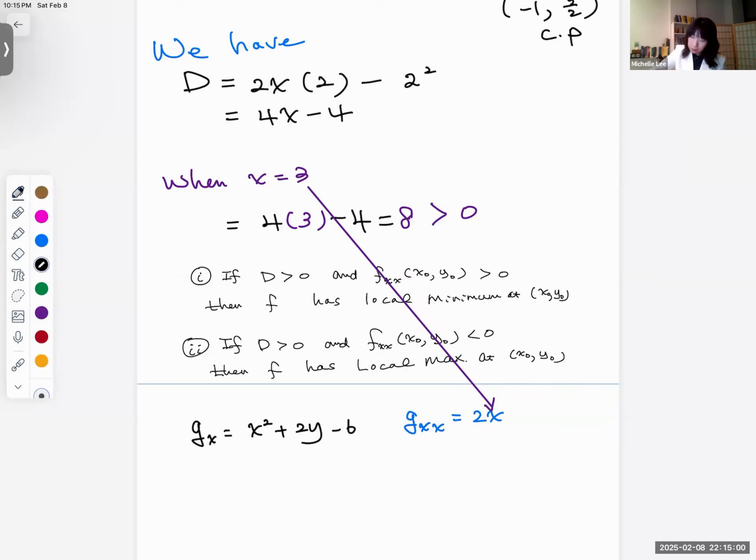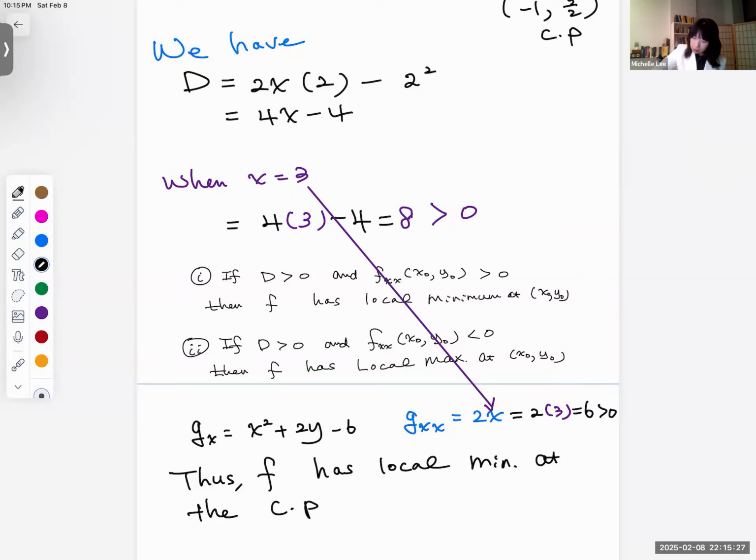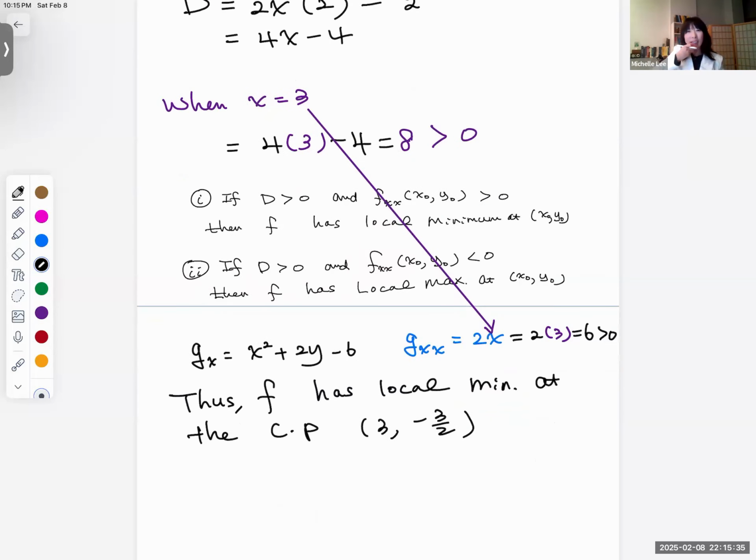So we have 2 times 3 equal to 6, which is greater than 0, then local minimum there, right? So we have a local minimum at the critical point, which is 3 and -3/2. Oh, you cannot see.